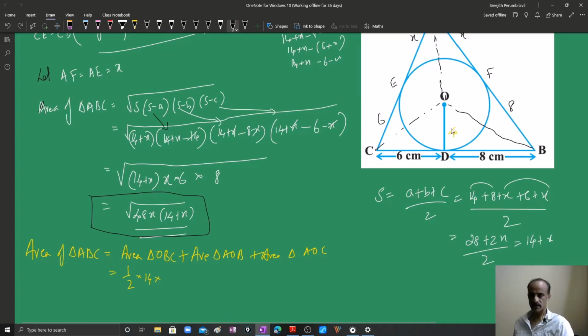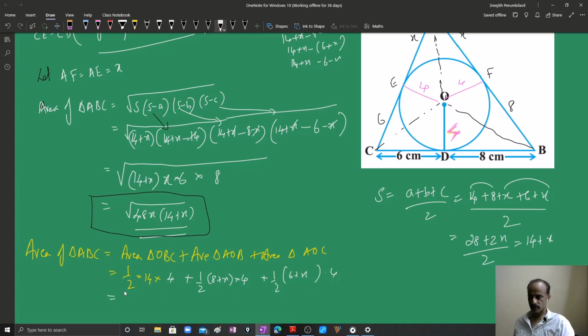Right? We can't see that. 4 centimeters. The height is actually the radius, 4 centimeters. This is 4, this also 4, this also 4. All the radii are. So, half into 14 into 4, plus half into height 4, base is 8 plus X, plus half into 6 plus X into 4.